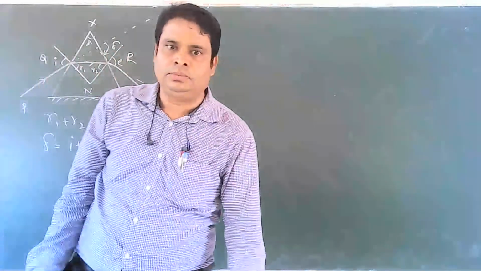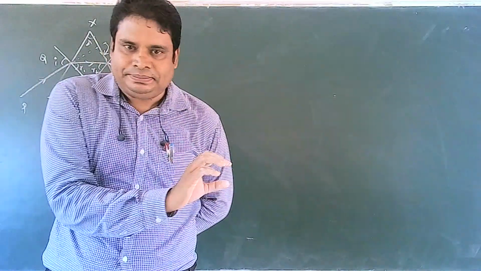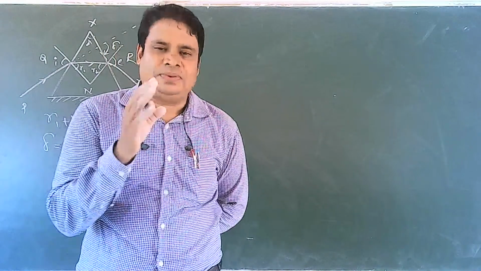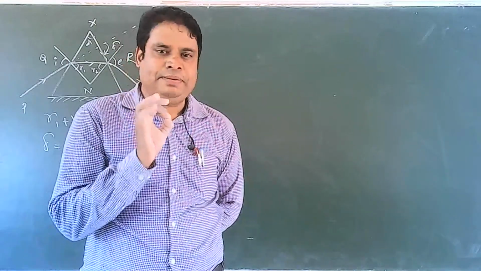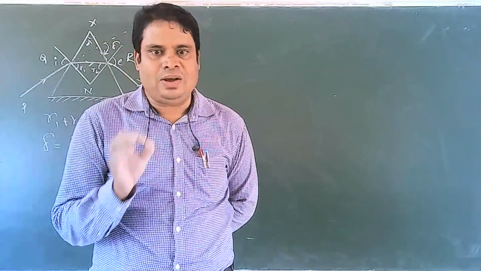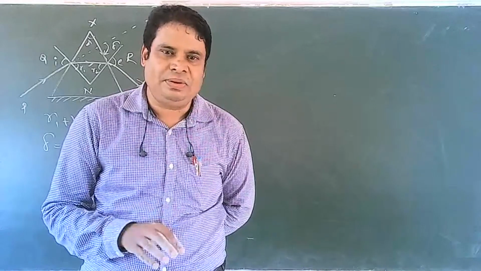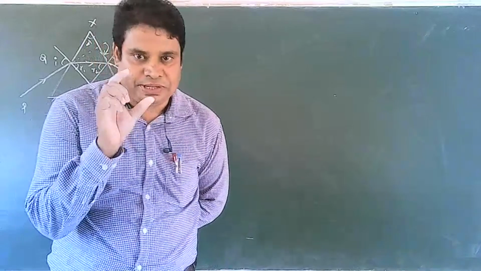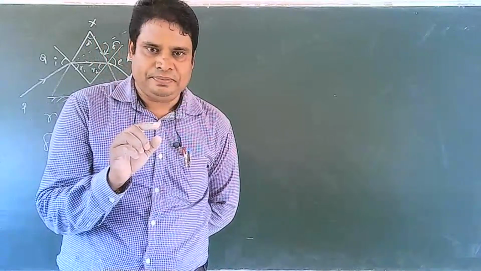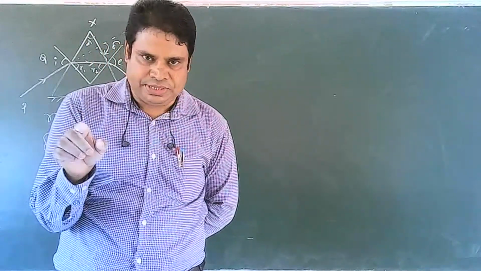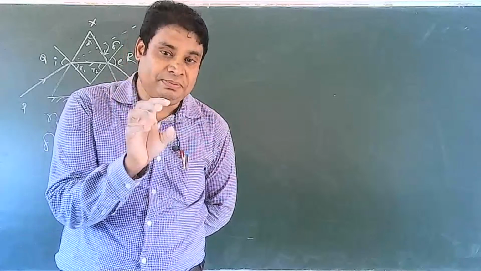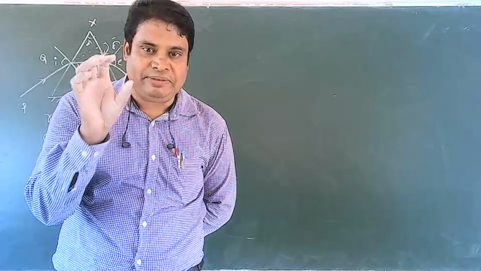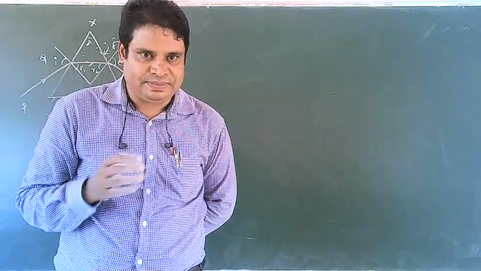Quickly, I'll explain something. You have to do one experiment in lab. Of course, an optics experiment. The name of the experiment is angle of minimum deviation, where you are supposed to use a prism and draw the deviation produced by the prism for different values of angle of incidence.